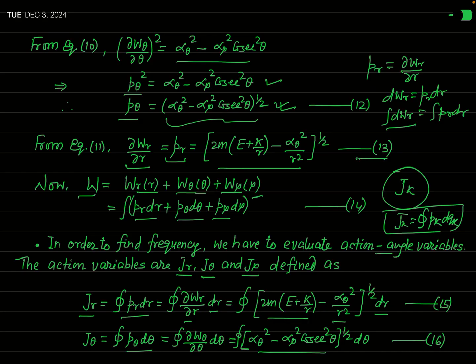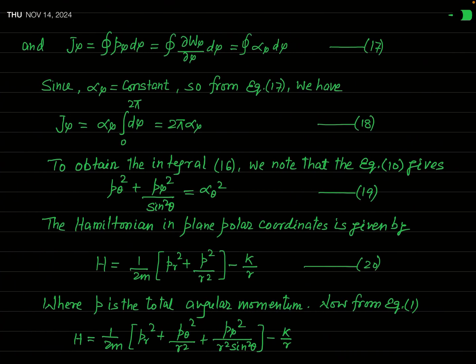In the similar manner, you can define Jφ, which is the integral for a complete cycle of pφ dφ. And pφ, which is ∂Wφ/∂φ, is denoted by the symbol αφ. But you know αφ is constant, and therefore you can take it outside of the integral sign. The limits of integration for the complete cycle of this angle will be 0 to 2π.